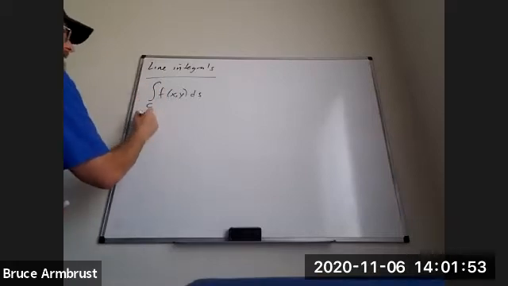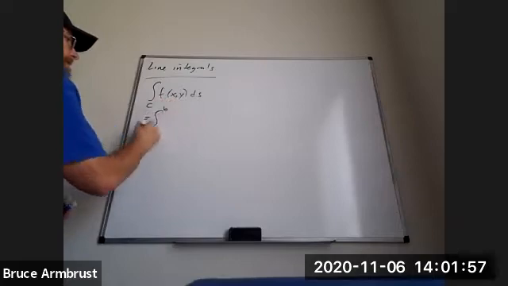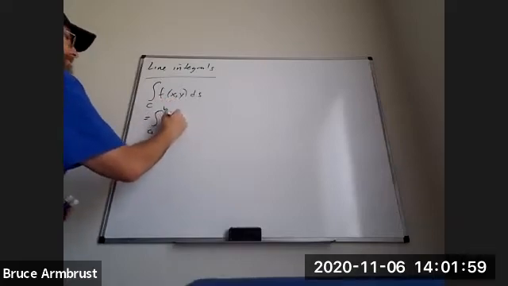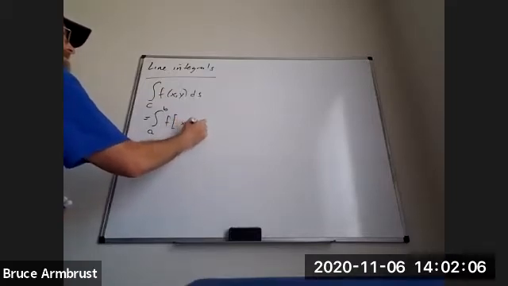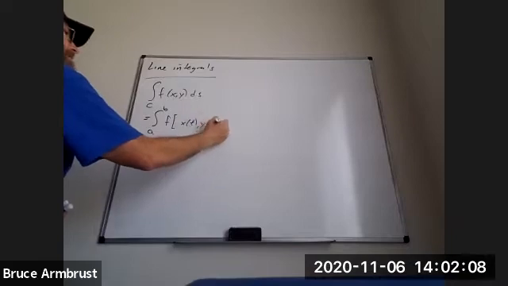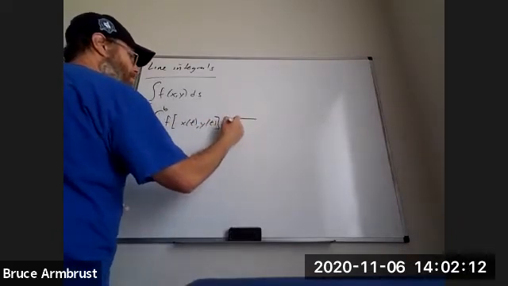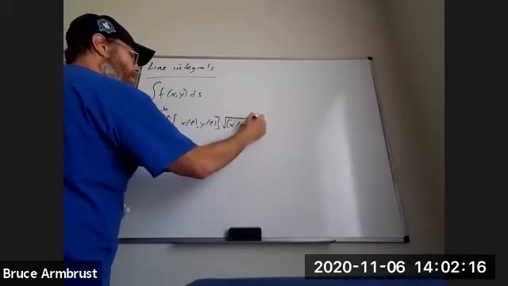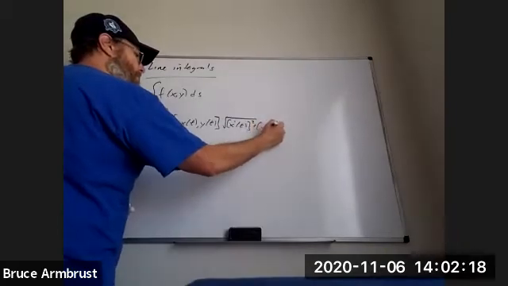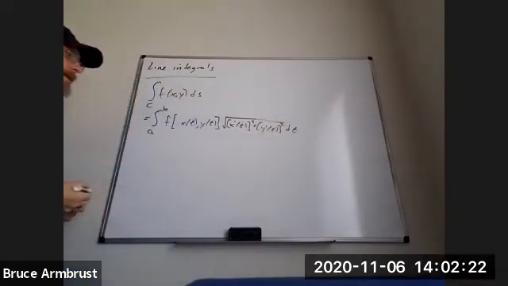But we saw that a slightly easier way to do this is if we parameterize the curve. So I'm going to write here f of x of t, comma y of t, and then we have times the square root of x prime of t squared plus y prime of t squared dt.